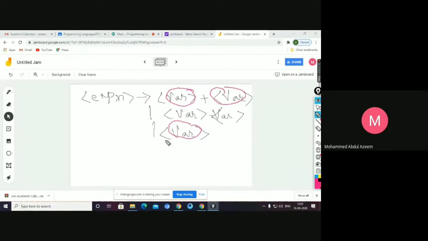Instead of this example, I'll take another small example to explain how we are going to derive the grammar for a given statement. Let us take another grammar.